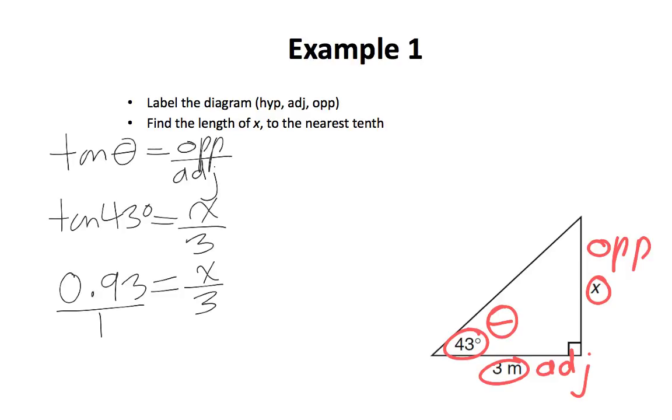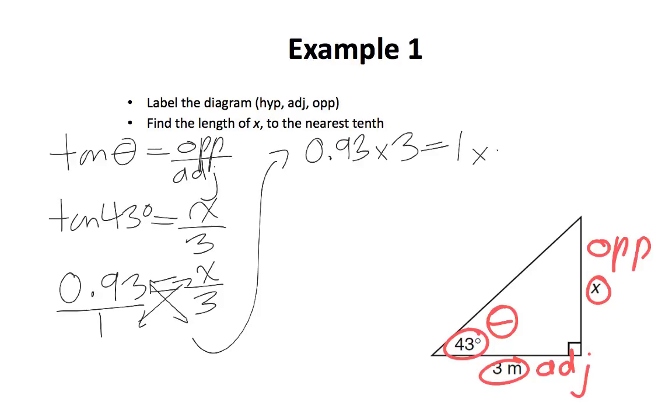Next, we're going to cross multiply, which means we're going to multiply numbers which are across from one another. So that's going to give me 0.93 multiplied by 3 and 1 multiplied by x. Let's punch 0.93 times 3 into a calculator.